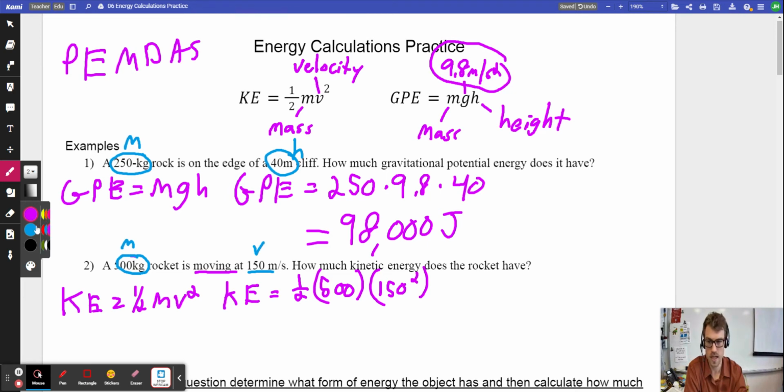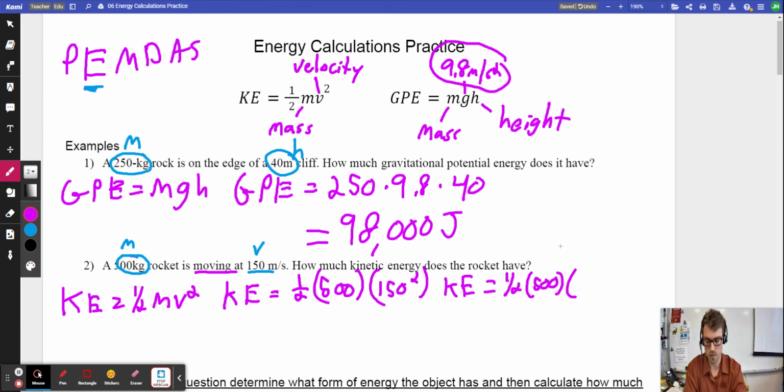So we need to make sure that we are taking care of our exponents first before we get to multiplying. And that's why I was mentioning that we need to square the velocity first, right? So we need to make sure that we do the squaring of the velocity first. So what we have now is that KE is equal to 1/2 times 500.